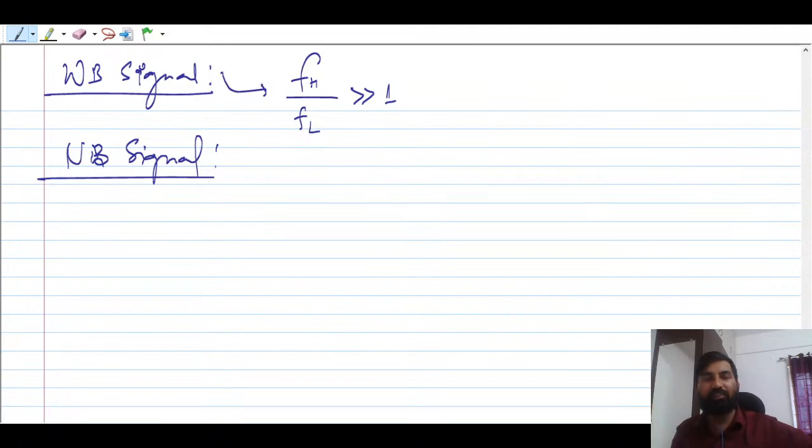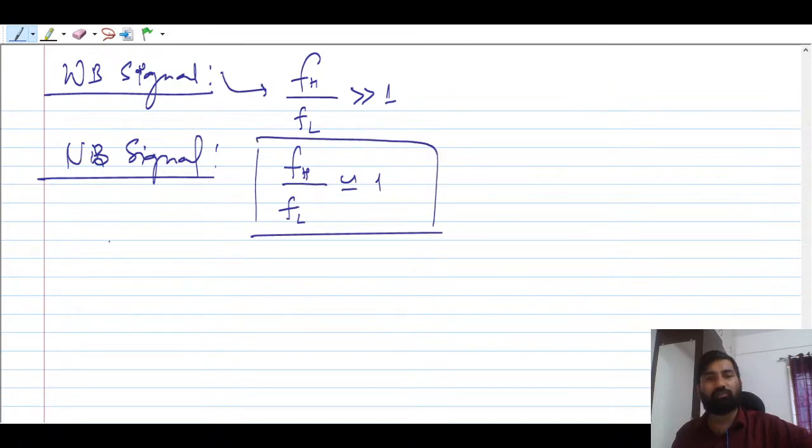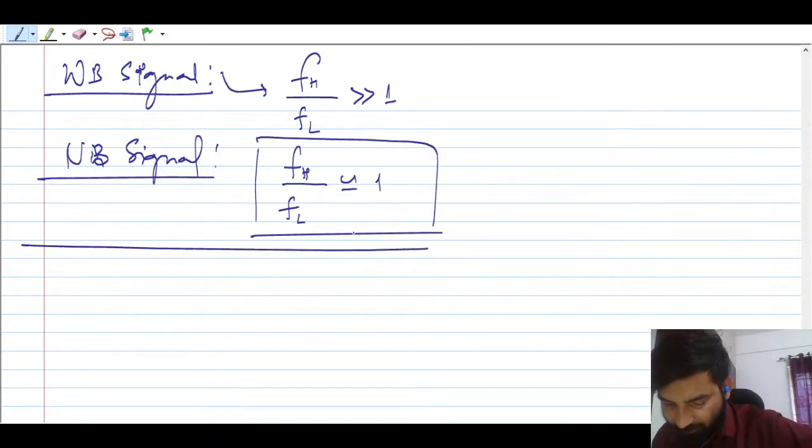We will see when we can say narrowband FM and when we can say wideband FM. For now, just understand what is narrowband and what is wideband. Narrowband is nothing but, if you take the ratio of high frequency to low frequency, it should be close to 1. That is called narrowband, not far greater than 1.